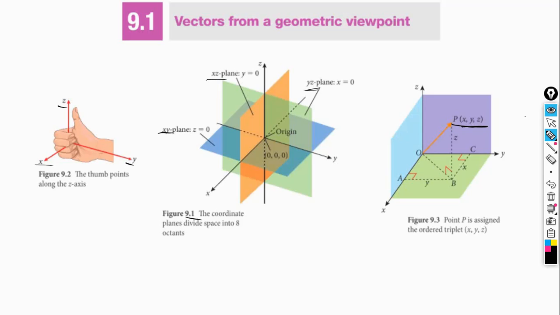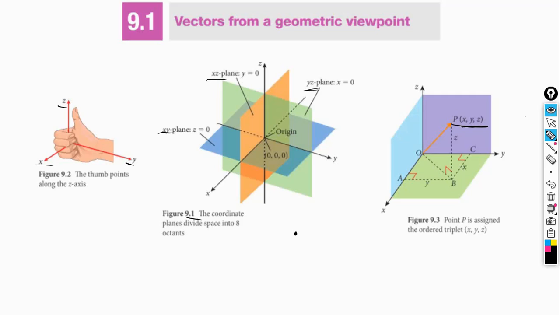So vectors can be represented geometrically by arrows in two- or three-dimensional space. The direction of the arrow specifies the direction of the vector, and the length of the arrow describes what is called its magnitude.